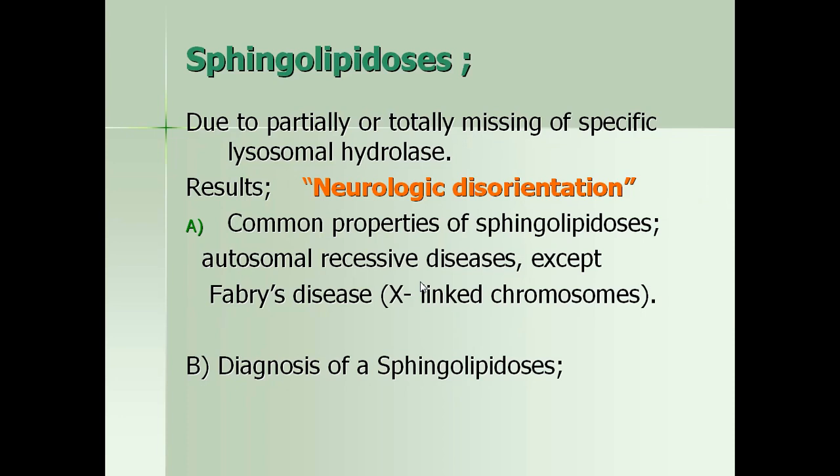Common properties of sphingolipidoses: these are autosomal recessive diseases except Fabry disease, which is X-linked. Now the diagnosis of sphingolipidoses. A specific sphingolipidosis can be diagnosed by measuring the enzyme activity in cultured fibroblasts or peripheral leukocytes, or by analysis of DNA.